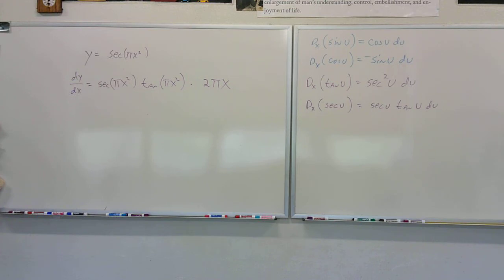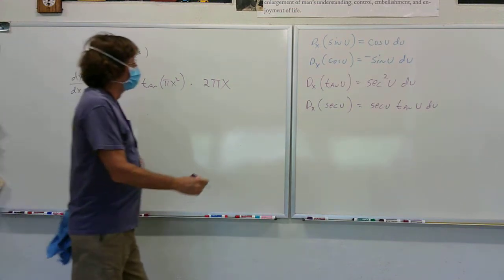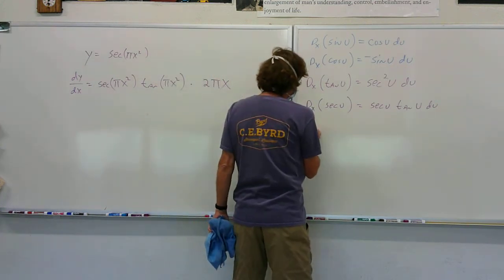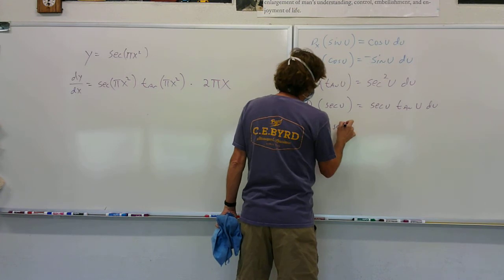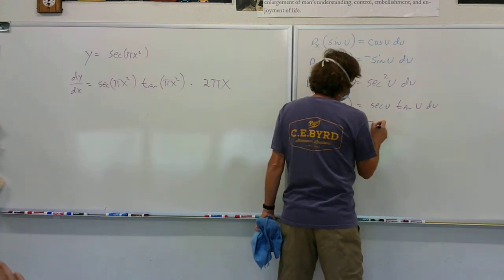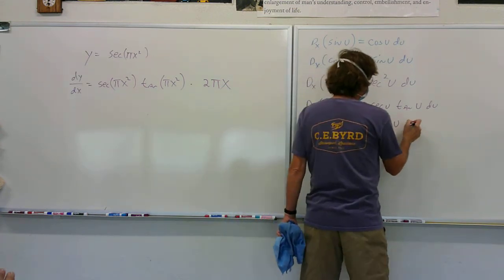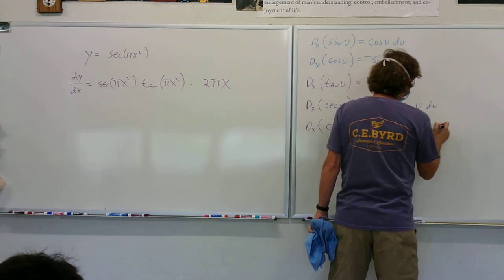You might have just hit the point where you go, oh, I'm going to have to memorize 6 formulas, but they're not hard to use. Is that fair enough? Is that a fair thought? All right. Derivative of cosecant u is negative cosecant u cotangent u du.